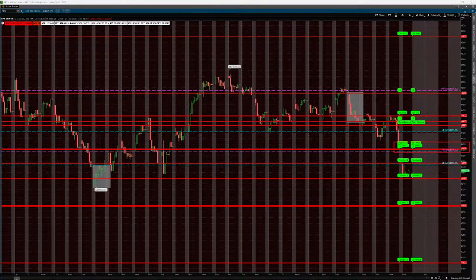All right, the 4400 level is also the absolute gamma strike. That's the strike with the largest absolute negative and positive gamma. So that's the level with the highest concentration of gamma. Then the next level up is the 4460 volatility trigger. That is Spotgamma's proprietary gamma flip level.